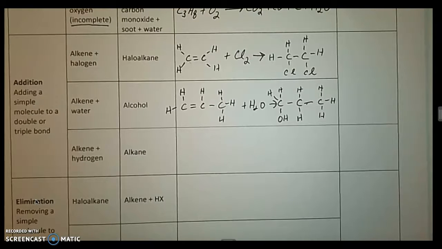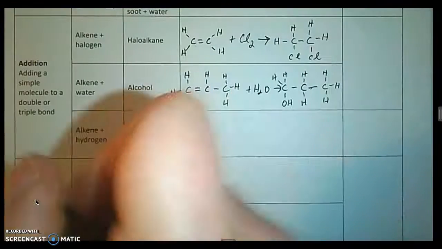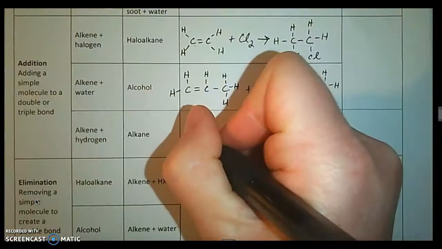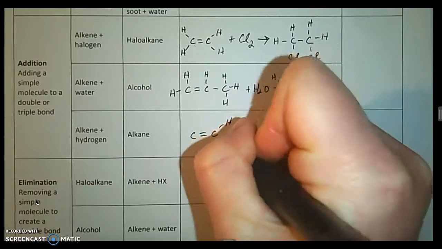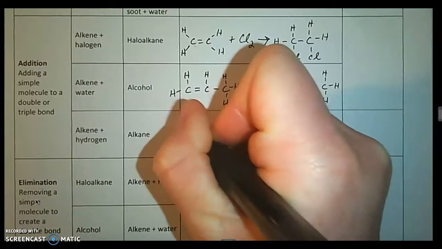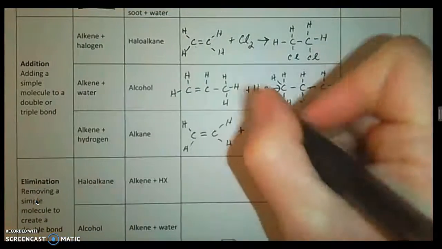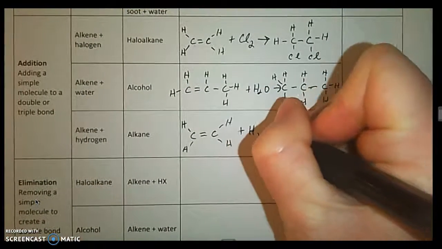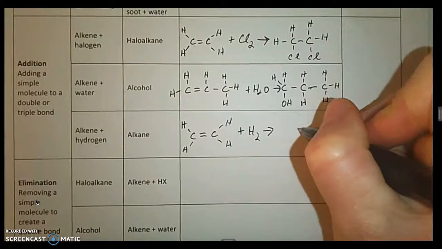Okay, one more example of an addition reaction. This one's a little bit more straightforward. I'm going to use ethene again just because it's easier to draw, because it's nice and small. So an addition reaction with another very simple molecule, the hydrogen molecule. And here we're still doing the same thing.